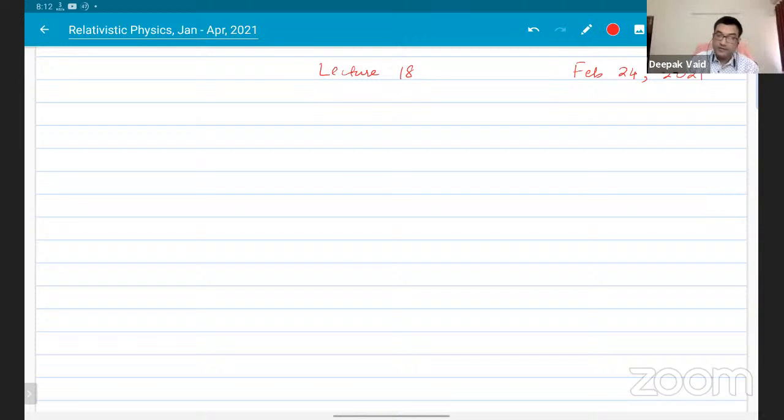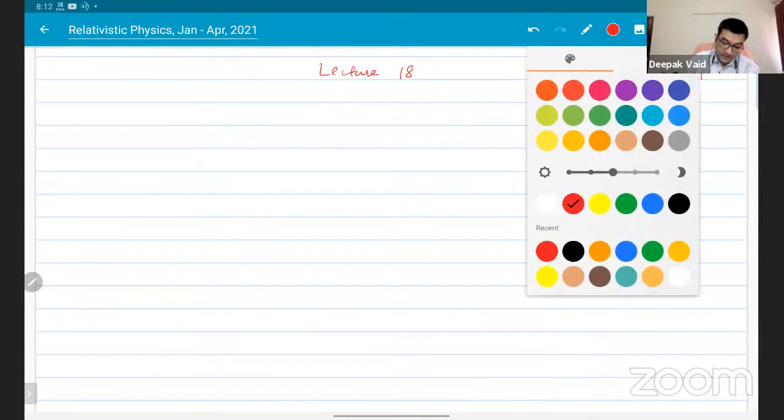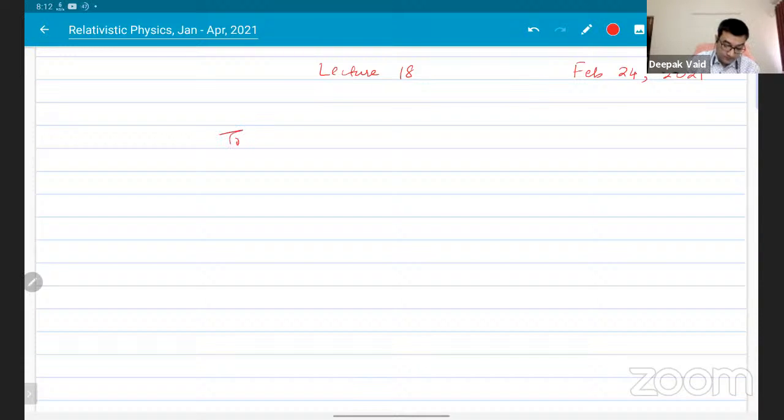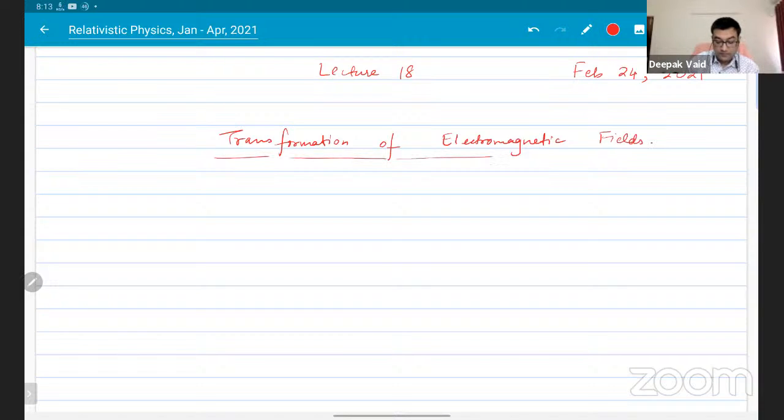So it's ultimately because of the electromagnetic wave equation, and that the electromagnetic wave equation happens to not be invariant under Galilean transformations. Right.